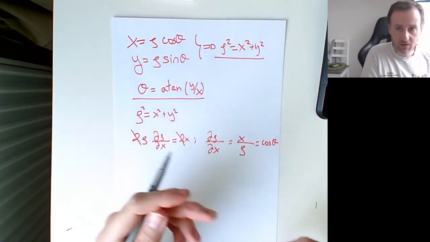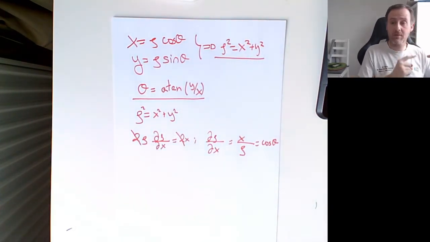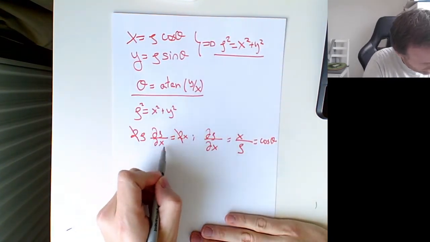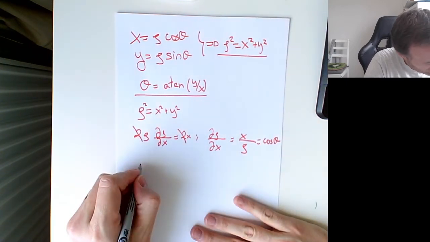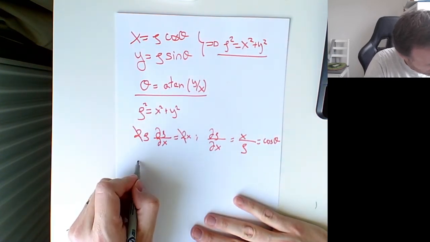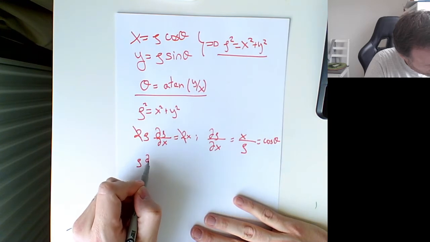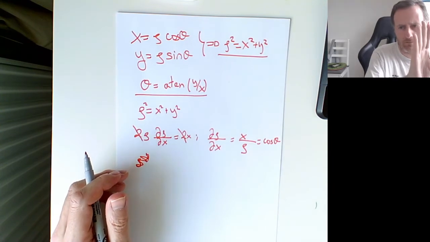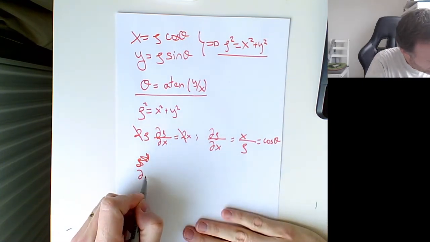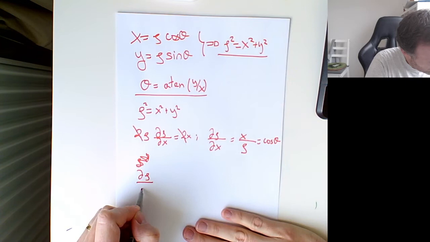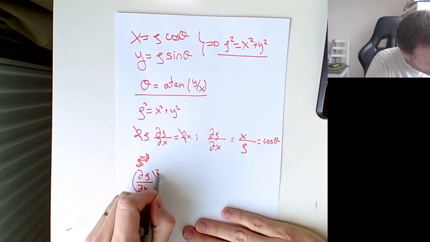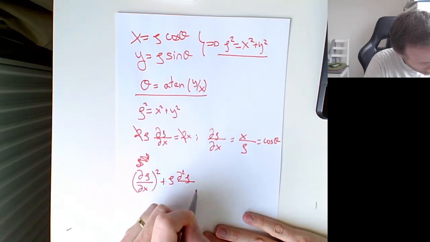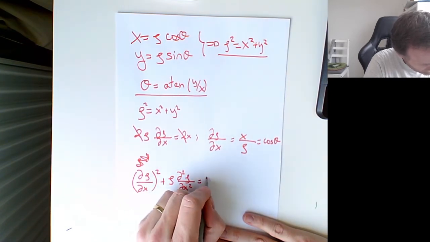Now we must compute the second partial derivative of rho with respect to x and x. So we go back again here and then we compute the partial derivative of this with respect to x. And then what we get is, no, sorry. So the partial derivative of rho with respect to x squared plus rho times the second partial derivative with respect to xx equals 1.